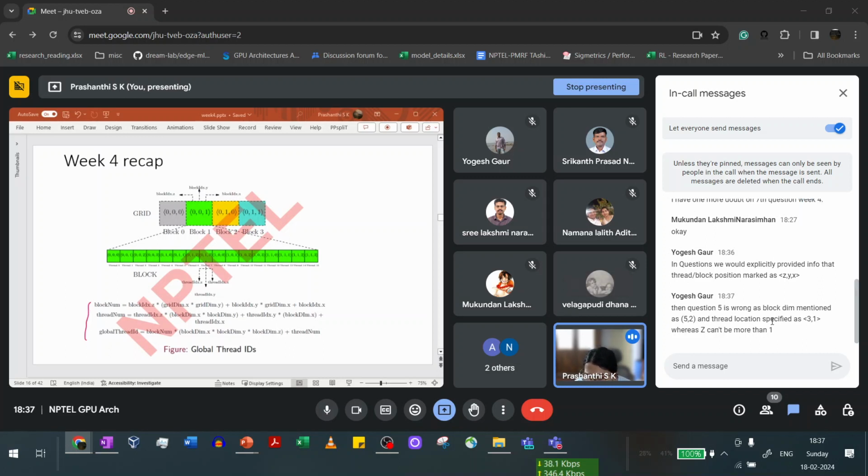Okay, question 5 is wrong. I'm guessing you're referring to the week 4 questions. Question 5 is wrong as block dimension is mentioned as 5.2 and thread location specified as 3.1. Yeah, I looked at your question, but again, I've not seen the assignment in detail, so it may or may not be wrong.